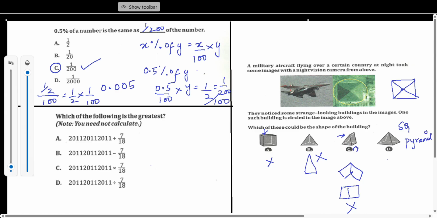The base is a square. From each of the vertices of a base, the edge goes up all the way to form the apex. So when you look from the top, you will see the base shape, which is a square with all these edges which form an X. So clearly it is choice D.